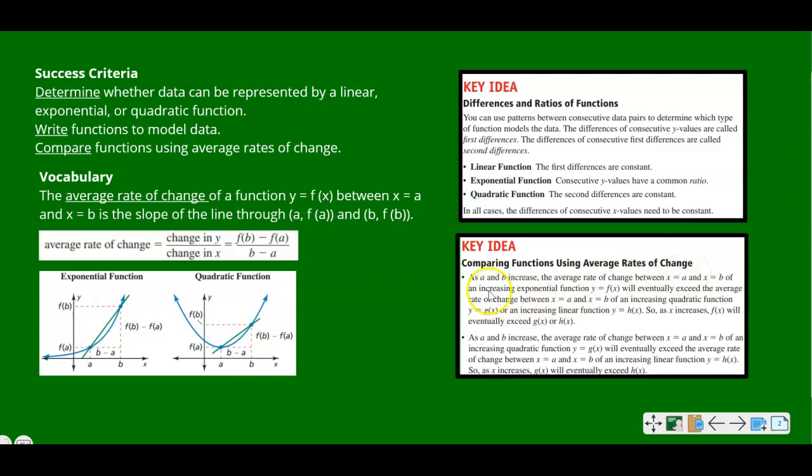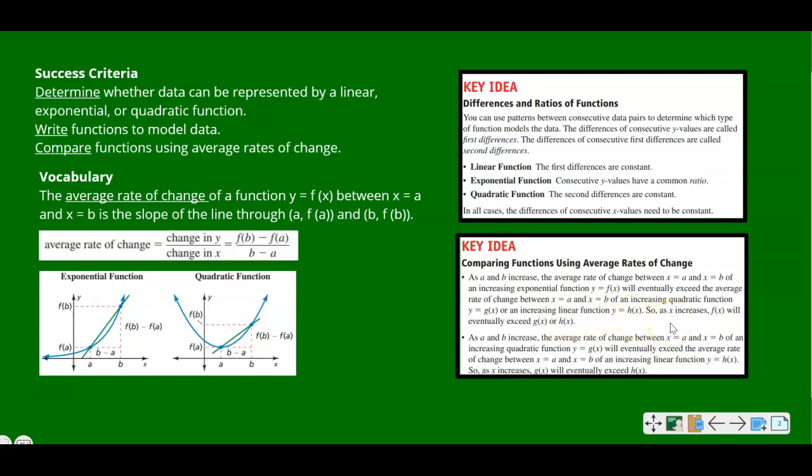Very quickly, the second key idea here, comparing functions using the average rate of change. It's important to know as a and b increase, the average rate of change between x equals a and x equals b of an increasing exponential function, f of x, will eventually exceed the average rate of change for an increasing quadratic function, g of x, and an increasing linear function, h of x.